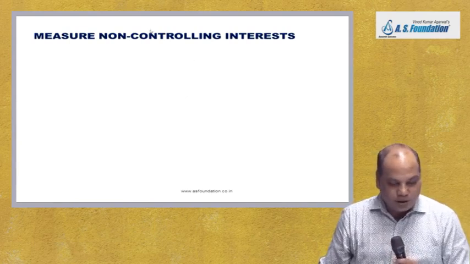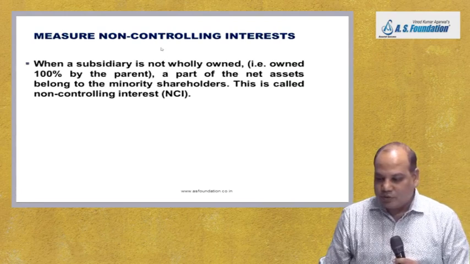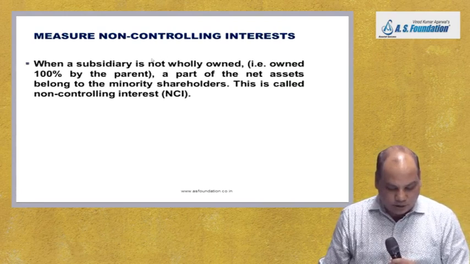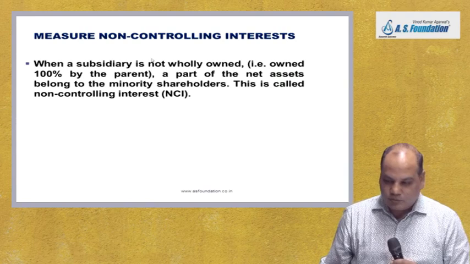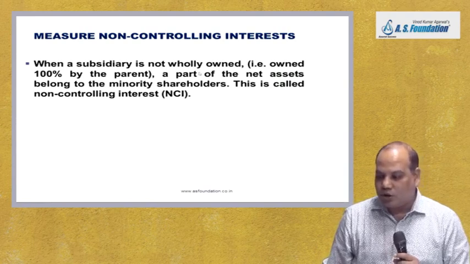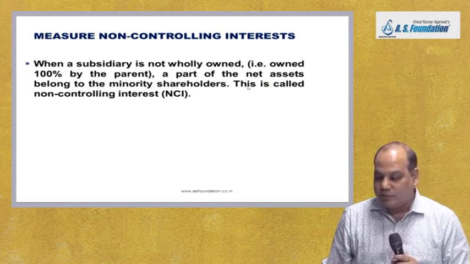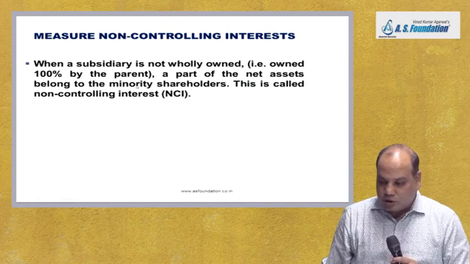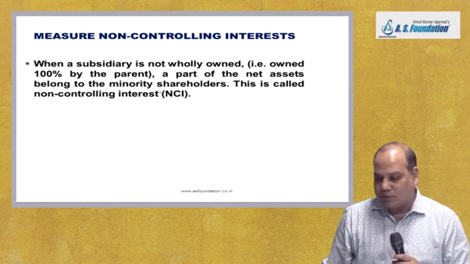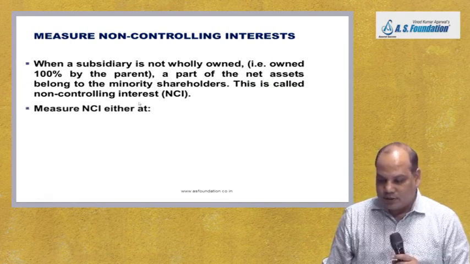How to calculate NCI? The issue of NCI will arise when the subsidiary is not wholly owned, that is, not owned 100% by the parent. A part of the net asset belongs to non-controlling interest shareholders, and that is called NCI.